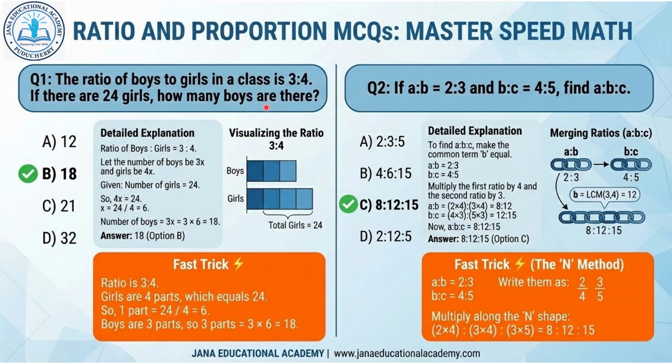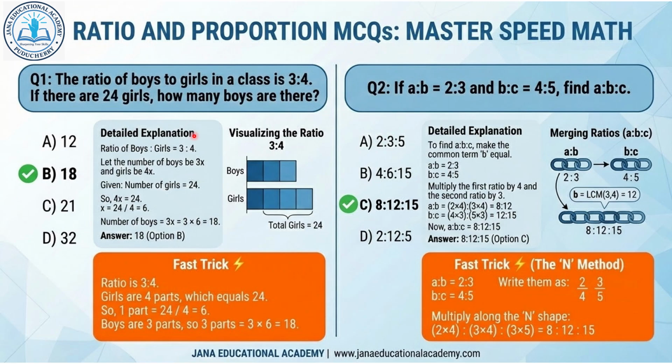The ratio is given as 3 is to 4, boys 3 and girls 4, and there are 24 girls. What is the ratio for the girls? Here 4. So 24 divided by 4, the number of girls divided by the ratio, is nothing but 6.